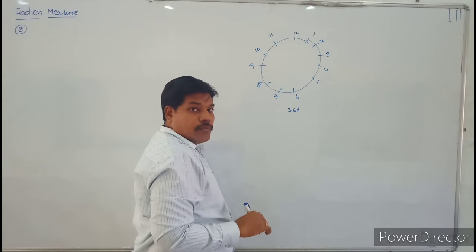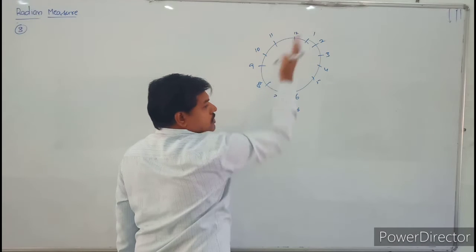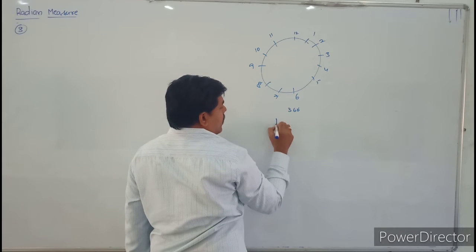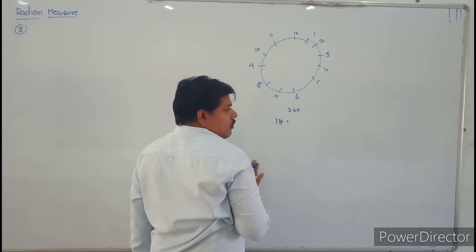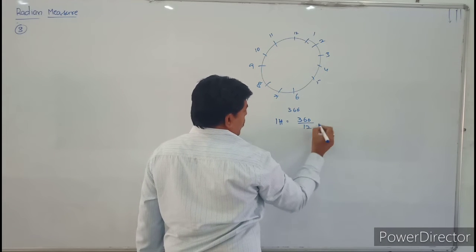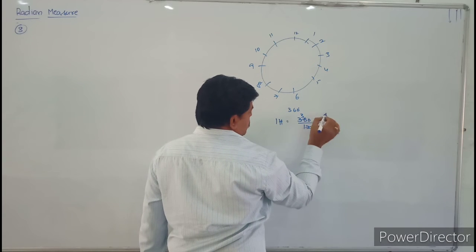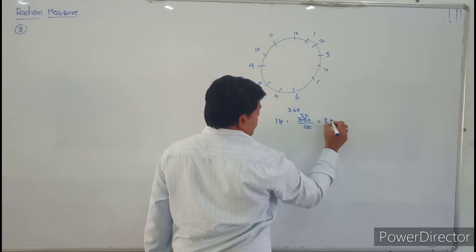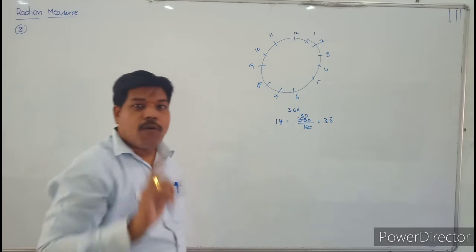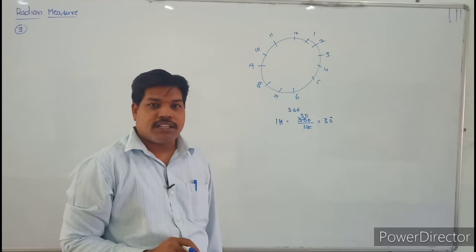So 1 hour is equal to 360 by 12, that is nothing but 30 degrees. 1 hour is nothing but 30 degrees.